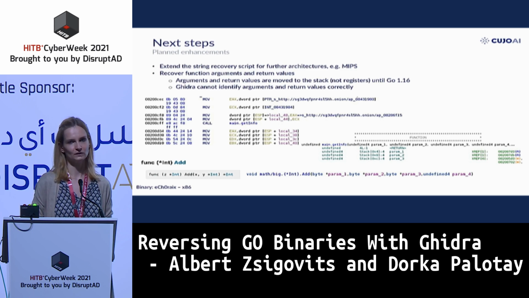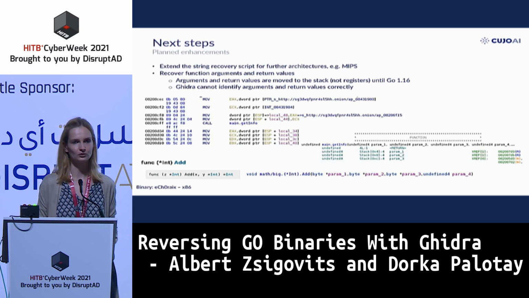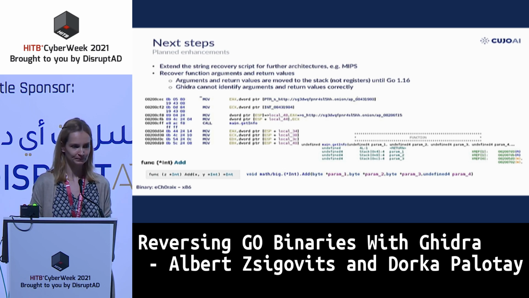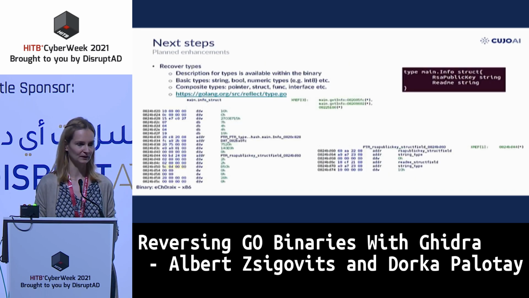Also, as I mentioned, function return values and arguments are placed onto the stack, which is not easy for Ghidra to handle, since these were not in registers until 1.16. There is one goal to somehow help Ghidra handle these much better, because now we cannot really see what the arguments are, what the output of a function is. So it's a huge mess. But even now that these are moved to the registers, it's not perfect. So there is room for improvement.